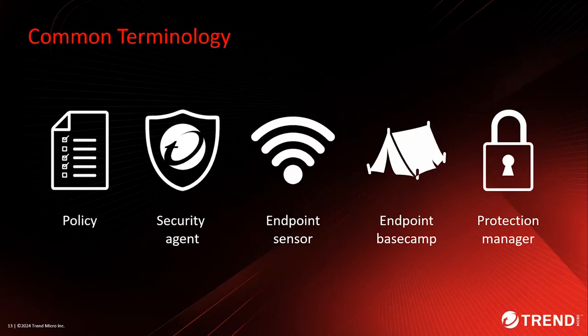These settings dictate how protection is applied to your endpoints and servers. It's important to note that the interface and options might differ slightly between endpoints and servers, which we'll explore in the demo.